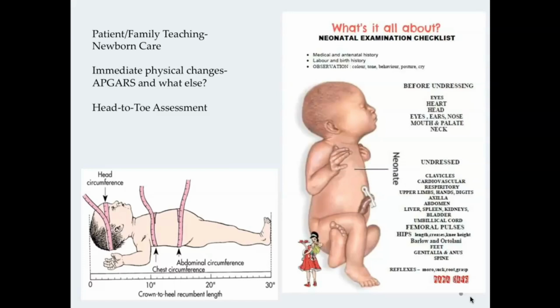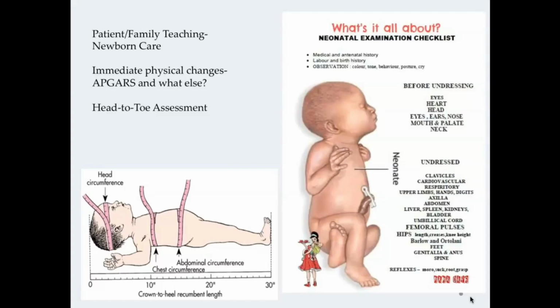So when we're talking about the newborn assessment, it's head to toe, just like you would do with an adult. Taking into consideration what you have learned so far, you want to think about what happened during fetal development, during the pregnancy, what happened during labor, as well as what may have occurred during the delivery process.